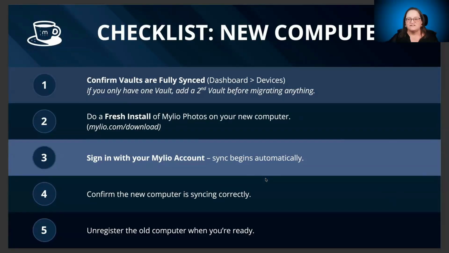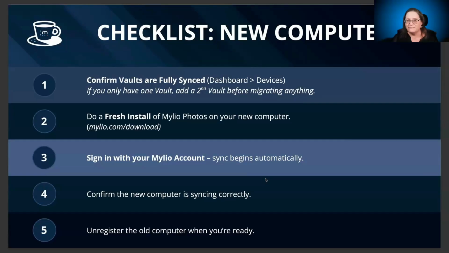Absolutely. All right, so a couple of final checklists. If you get a new computer, first off, confirm that your vaults are fully in sync. And if you only have one vault, get a second one before you do anything else. Second step, do a fresh install of Mylio Photos on your new computer. That is by far the easiest and best way for most people. I know it takes a little more time.